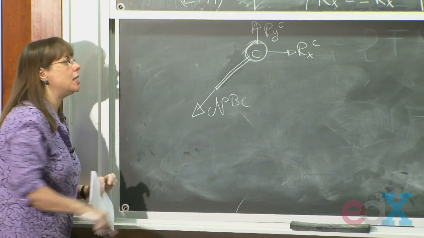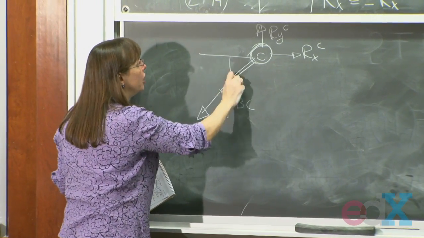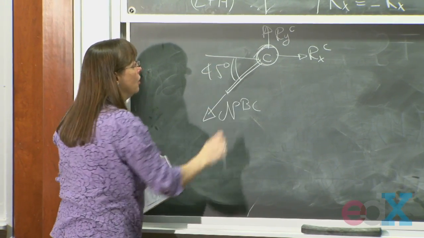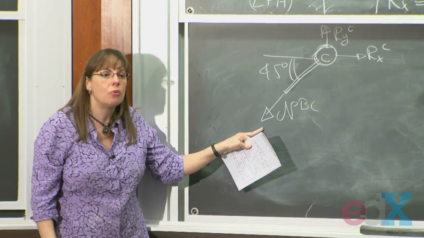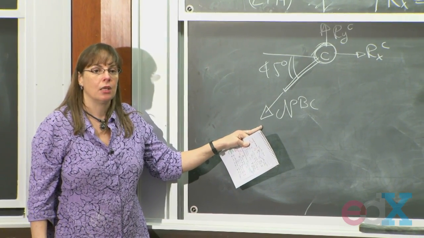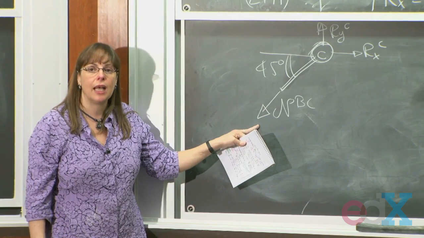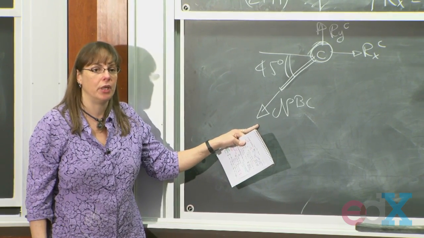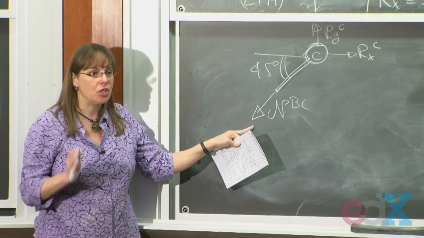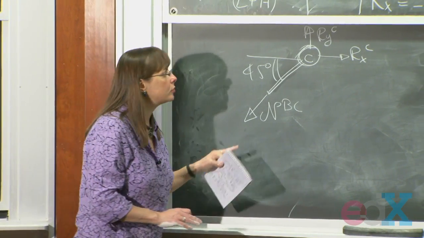And I know which way it's pointing. It's pointing at 45 degrees from the horizontal because that's the way the bar is going. The geometry of the truss tells you which way the forces are pointing, tells you the direction of the force.